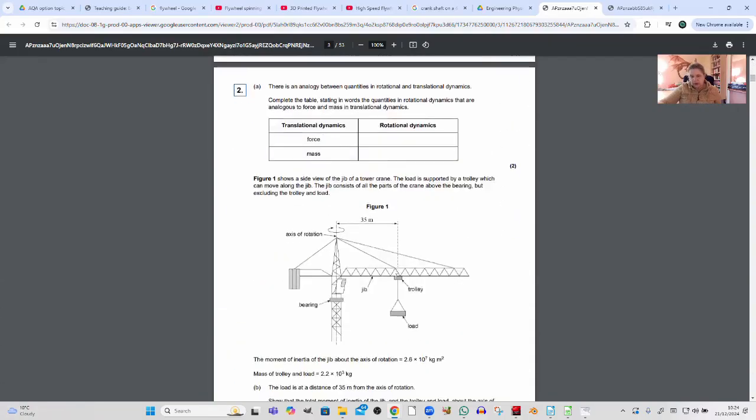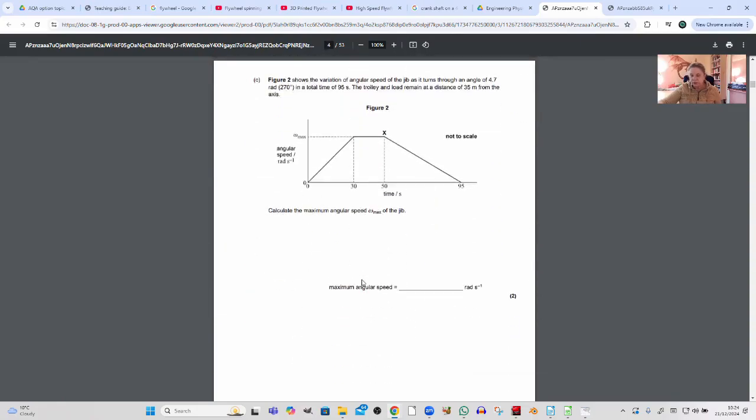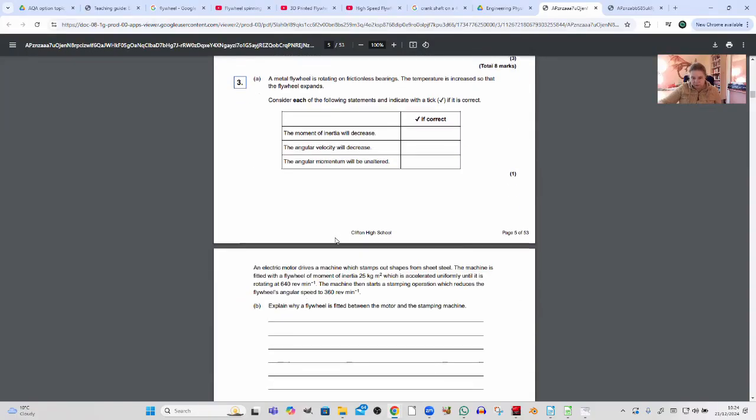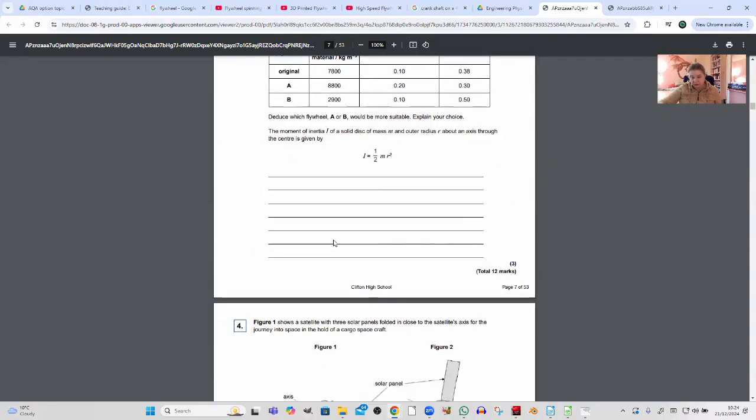The next question. There is a diagram with a load, and can you see the axis of rotation again is labeled with distances and stuff? Okay, let's look at the next question. This one's got no picture. That's quite rare. Okay, let's find another one.